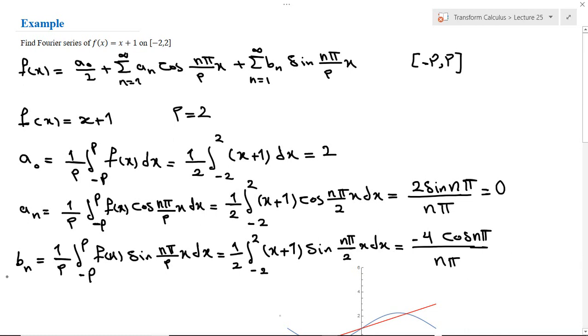As a result, we can say that f(x) is equal to a0 divided by 2. We already found a0 is 2, and 2 divided by 2 is 1.